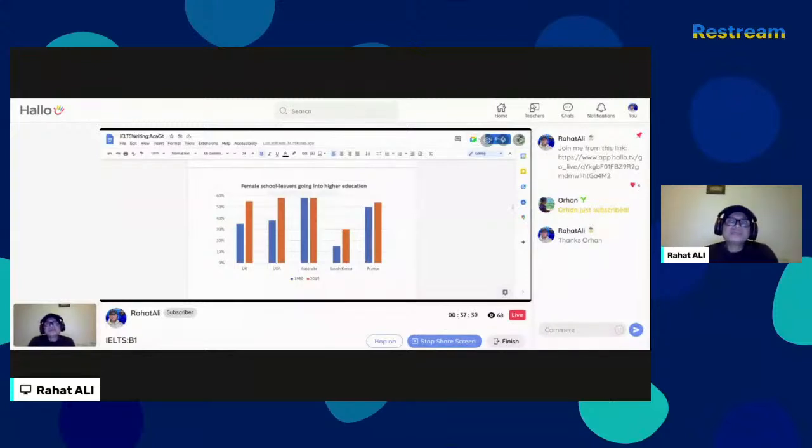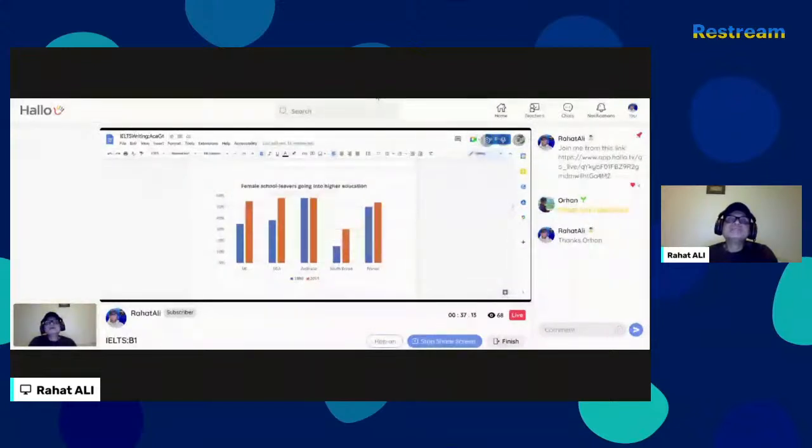Okay, and the bottom horizontal line, which is y-axis, you can see the 5 major countries: UK, US, Australia, South Korea, and France. And then there are 2 bar charts. One of them is blue, another one is, you can say, orange color, maybe. The blue indicates 1980 and the orange indicates 2015.